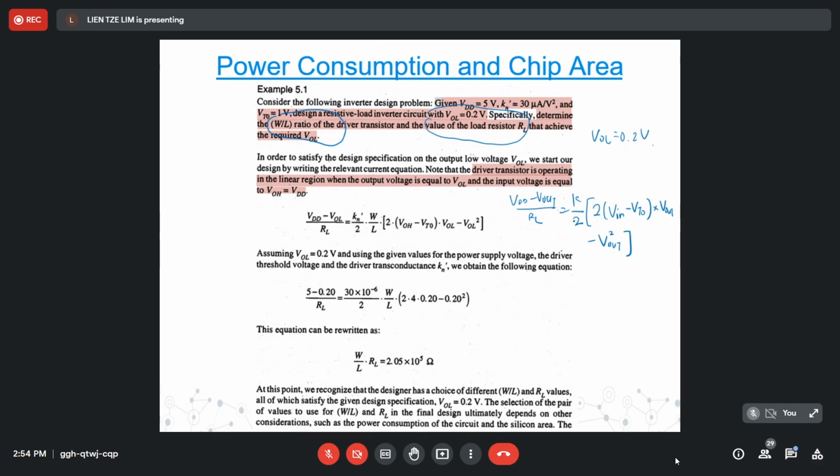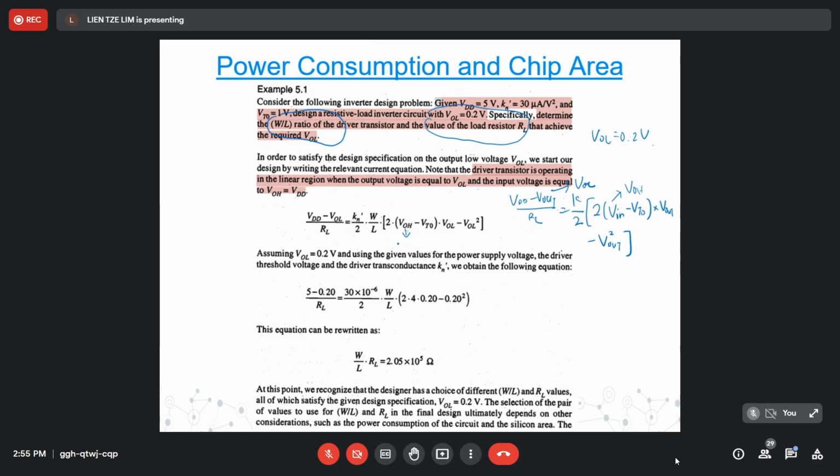After we substitute Vout with VOL, it becomes like this. And Vin is substituted with VOH, since the input is output high, so the voltage level is as high as VOH. I mention this so that you are not confused and know what is meant by this.